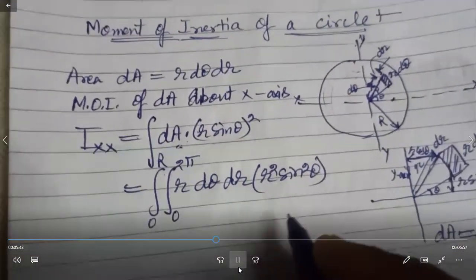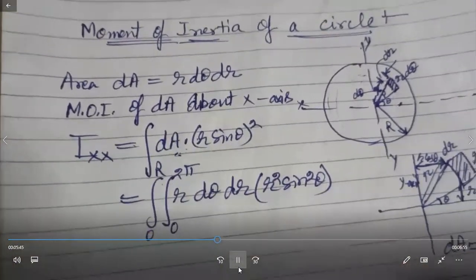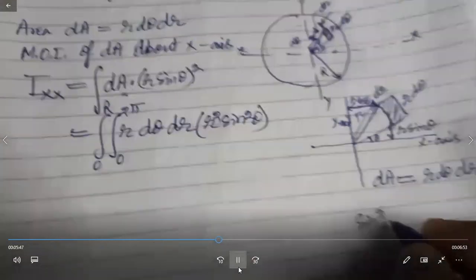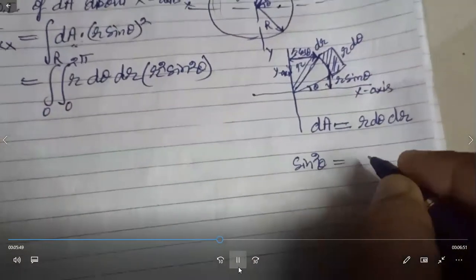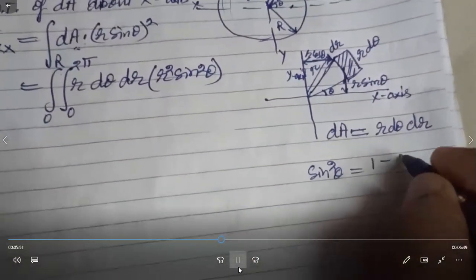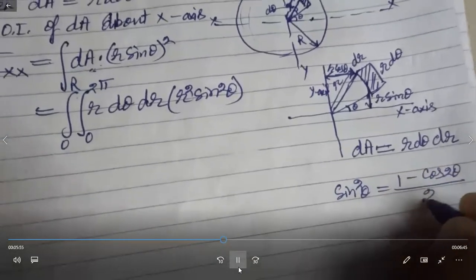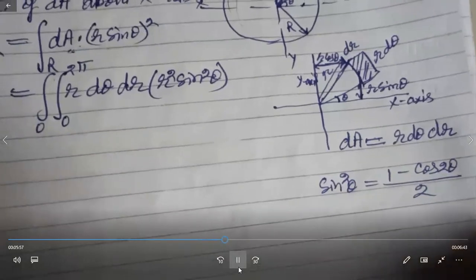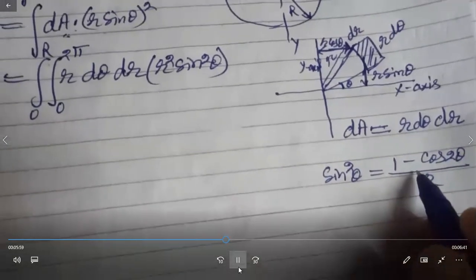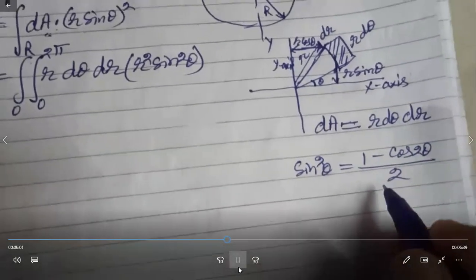So now on integrating, we know that sin square theta is equal to 1 minus cos 2 theta divided by 2 by the trigonometric identity.